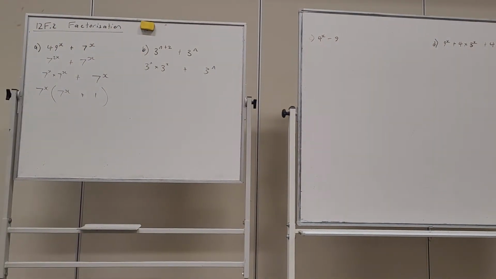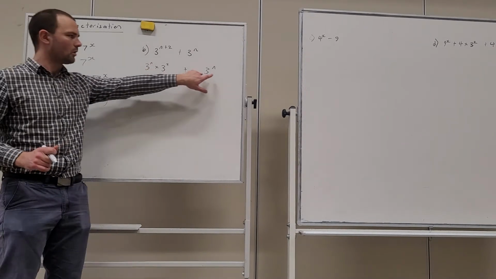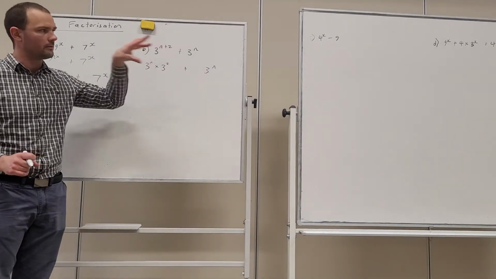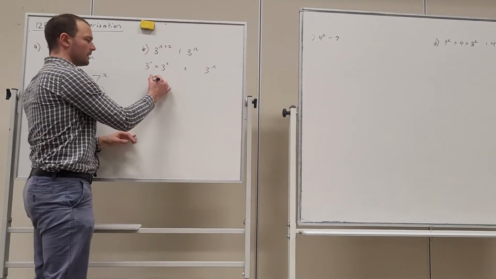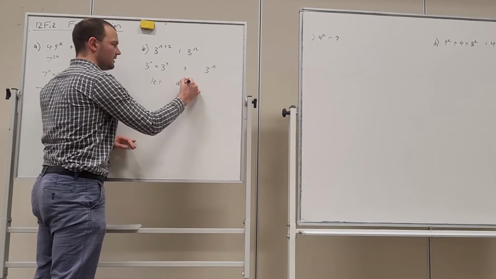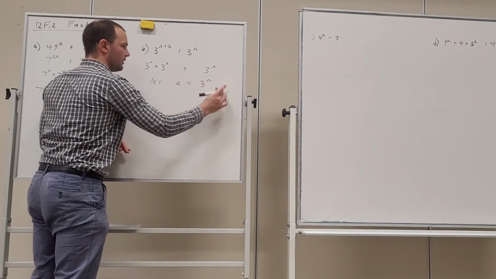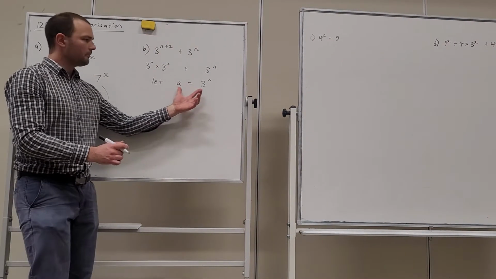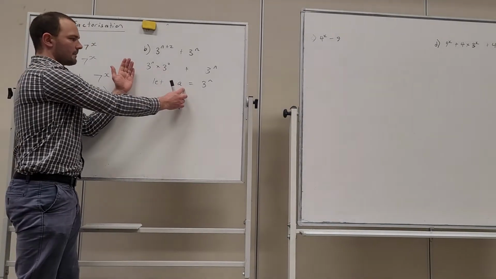Okay, so I'm going to show you guys a little trick here that can help you if you're sort of struggling to see what's a common term between these two. All right, we're going to apply it over here a bit as well. We can do something like let a equal 3 to the power of n. Okay, so if we do that, then let's substitute a in.